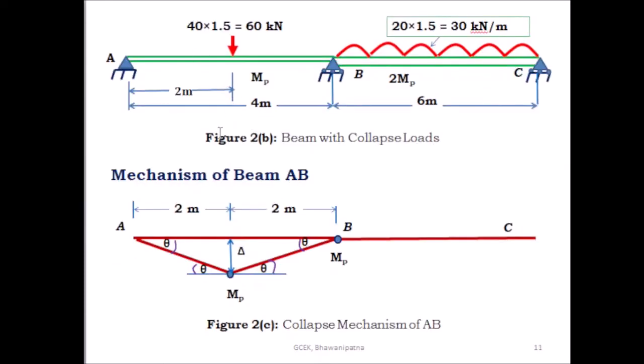So this is the figure which shows the continuous beam with the collapse load. This is the collapse load, 40 into 1.5 is equal to 60 kilonewton. This is 20 into 1.5 is equal to 30 kilonewton per meter.